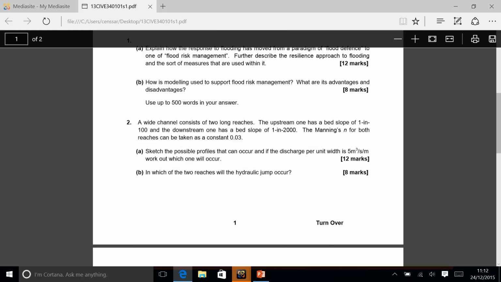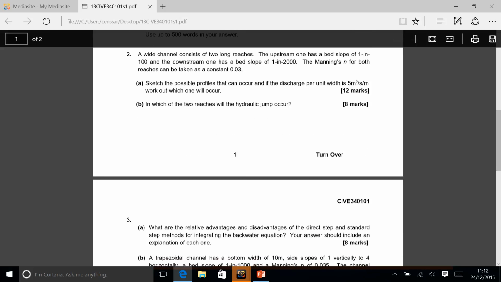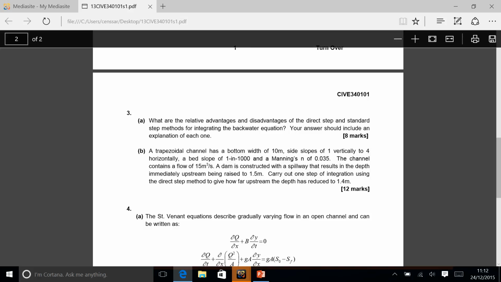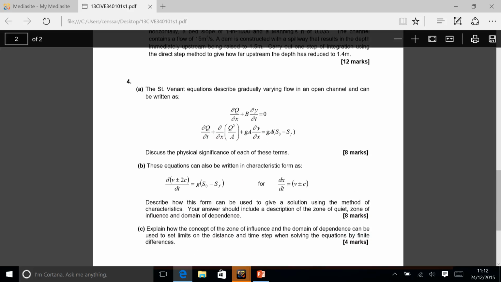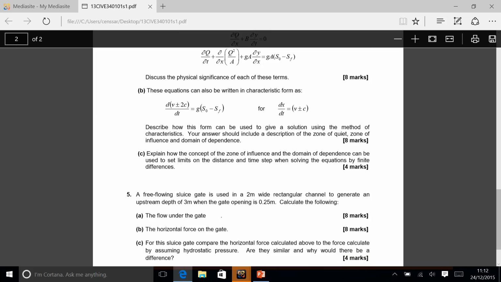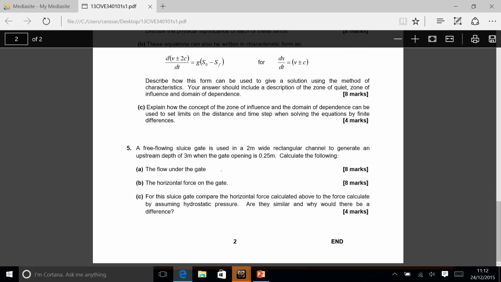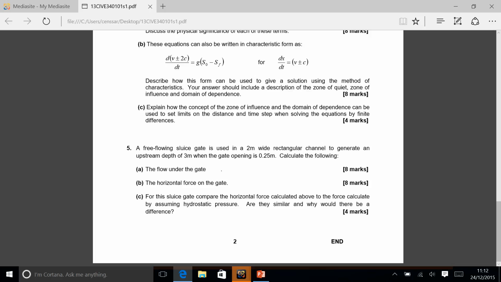Part 2 is an analytical question, and there's a video on that which should help you. Part 3 again is analytical, so there's a video on that. Part 4 is not analytical, requires you to write a couple of sentences on the Bernoulli equation and explain a bit about that. Question 5 again is the video that I'm currently doing, and again is an analytical question.